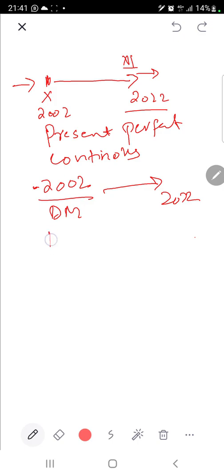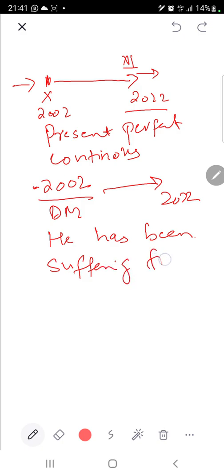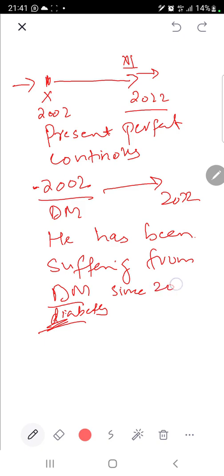In 2002, we can say he has been suffering from diabetes mellitus. I will write in short form, but you have to write in full, with diabetes in small d, when you are writing in this form. Anyhow, he has been suffering from diabetes mellitus since 2002.